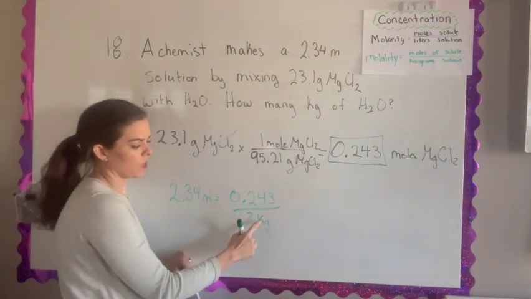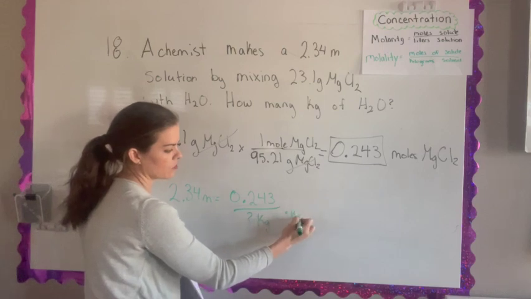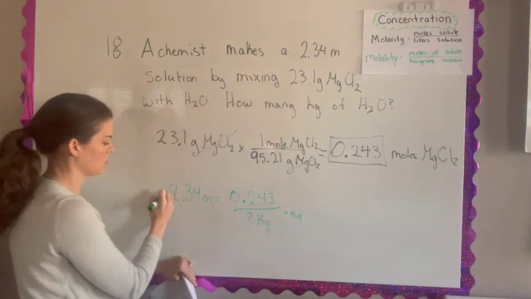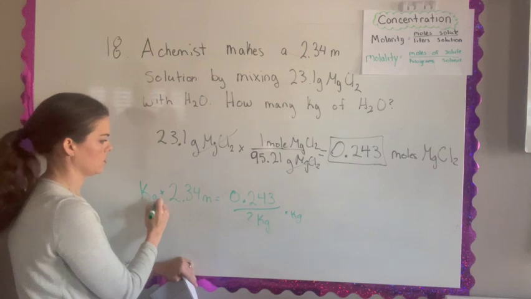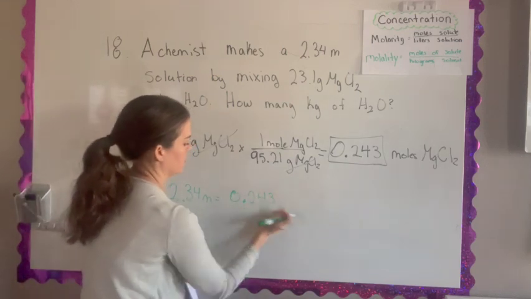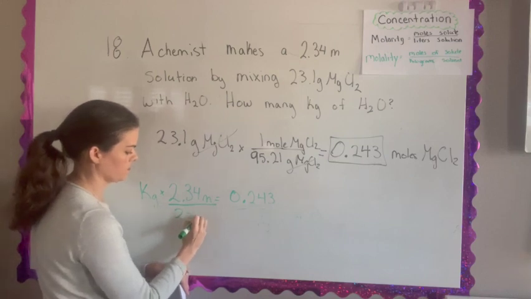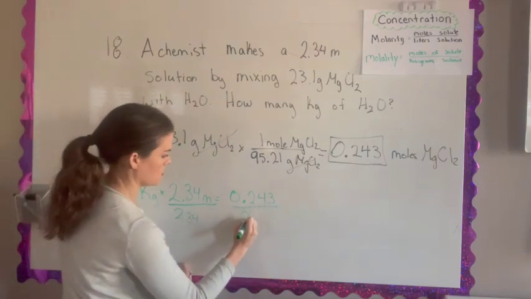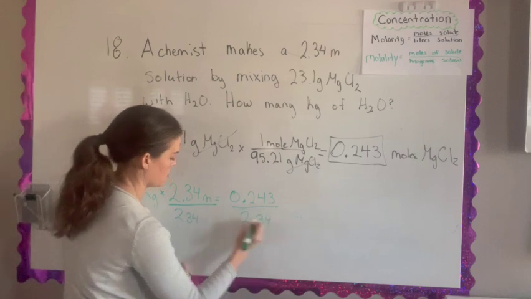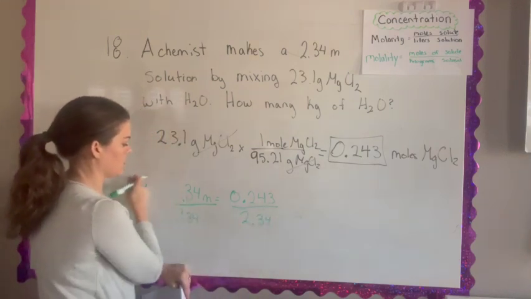I'm going to multiply both sides by kilograms so that this cancels out. Then I'm going to divide this side by 2.34. So I have kilograms.